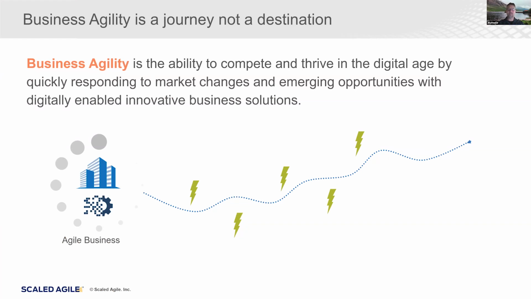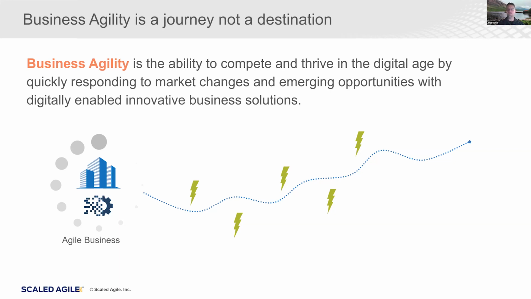Business agility is that ability to compete in today's digital age, to be able to understand and monitor and react to the market changes that we sense in our market and in our industries, and be able to respond effectively, to take advantage in time of those emerging opportunities and be successful with our business solutions.